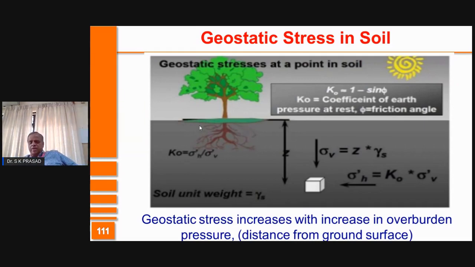So it is the overburden soil which exerts stress quite naturally. The deeper you go, the depth of overburden increases. Therefore, overburden pressure or overburden stress is going to increase. So geostatic stress always increases with increase in the overburden pressure or with increase in the distance from the ground surface.